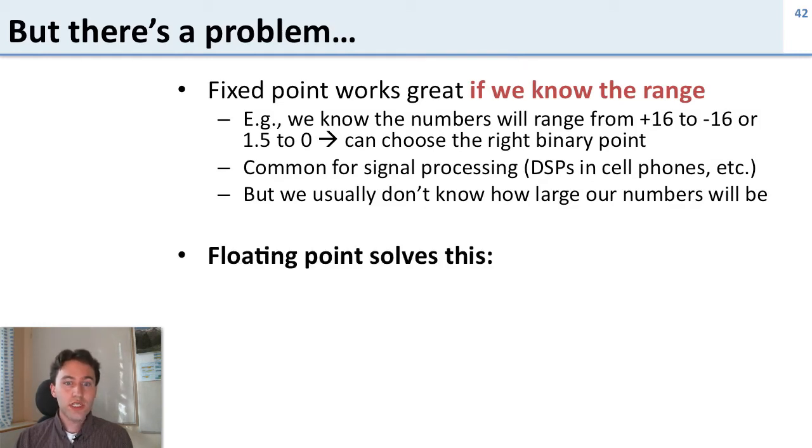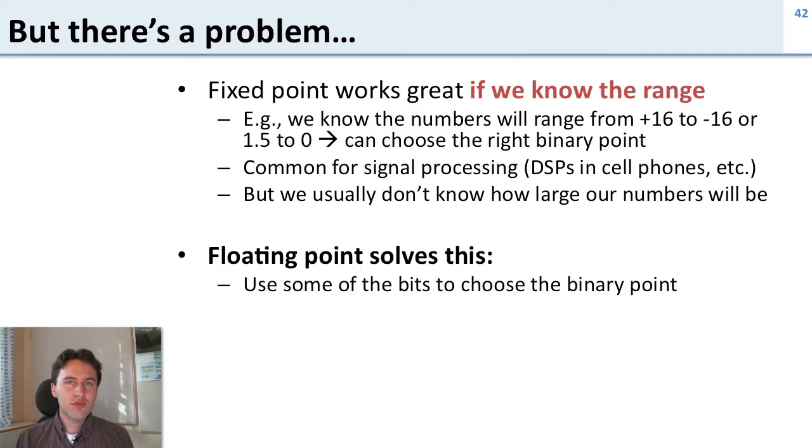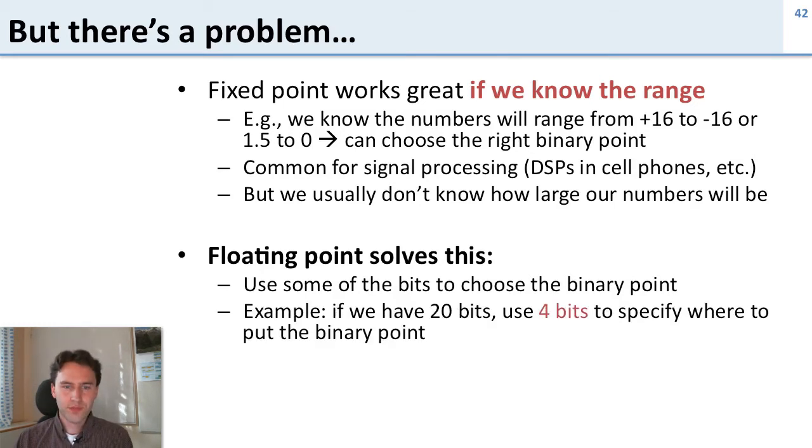So the solution to this is floating point numbers. And this is pretty simple, basically. We're going to use some of our bits to choose where the binary point goes, and then we're going to use the rest of the bits to express the number. So say we have 20 bits, and we're going to use 4 of those bits to specify the binary point. Here are 20 bits. We get 16 of them to specify our number and 4 for specifying where the binary point goes.